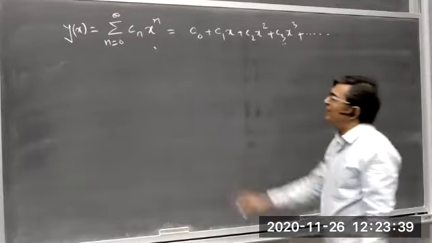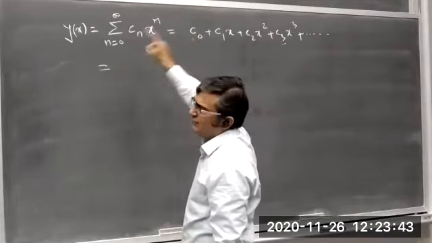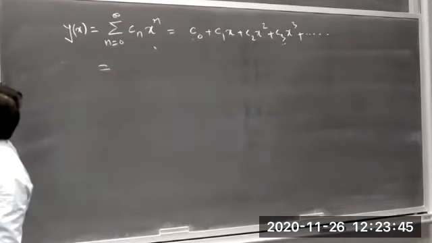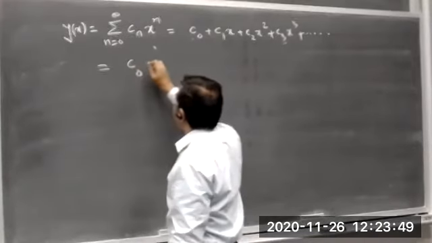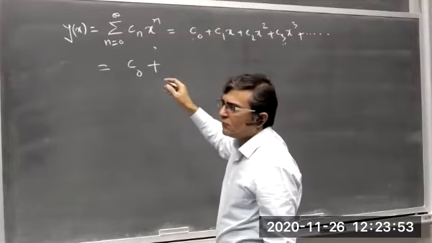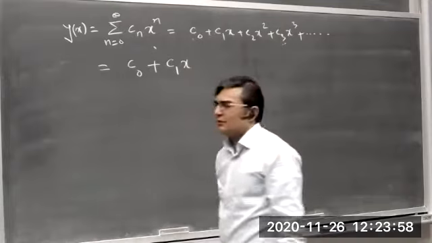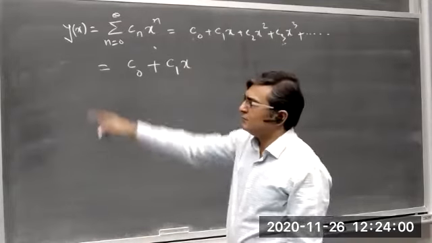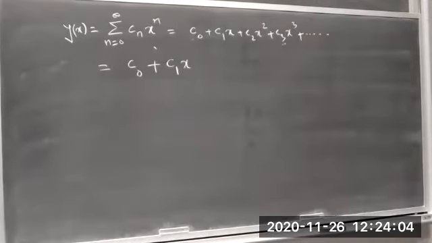Now inserting the values of the constants. C0 is basically unknown. We cannot have the value of C0, so C0 remains C0. C1 is also unknown, so it remains C1. C2 is 0, and we can find the constants from C3, C4, C5, and so on.